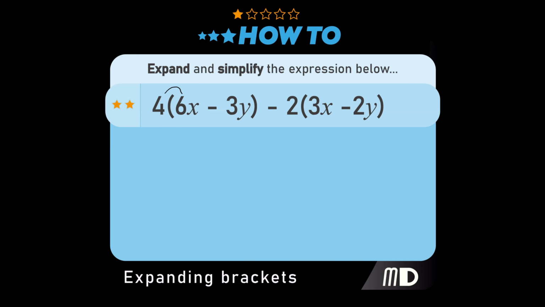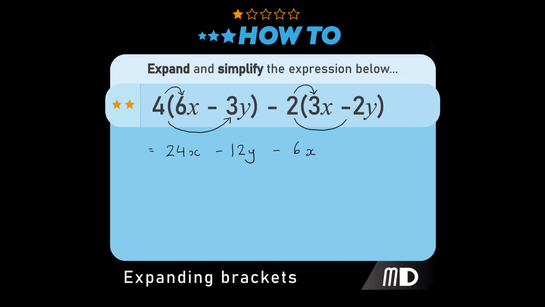4 multiplied by 6x is 24x. 4 multiplied by minus 3y is minus 12y. So the first expanded expression is 24x minus 12y. Then minus 2 multiplied by 3x is minus 6x.